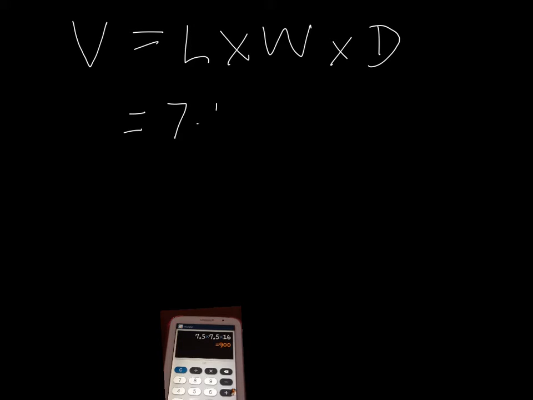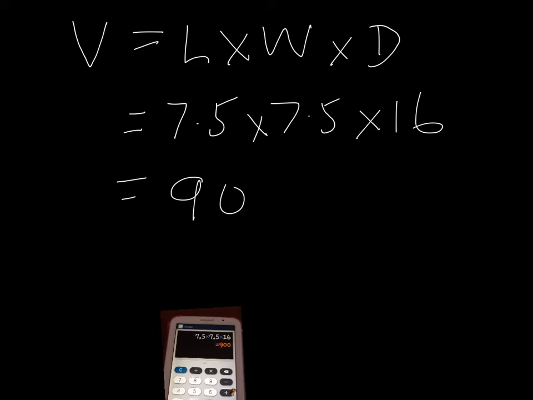Now to look at that again, volume equals length times width times height, or depth, sometimes we call it, and that was 7.5 times 7.5 times 16, which equaled 900 cubic centimeters.